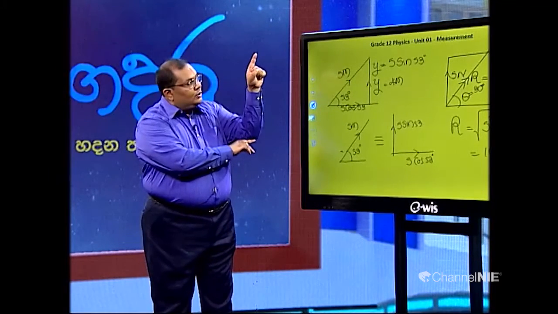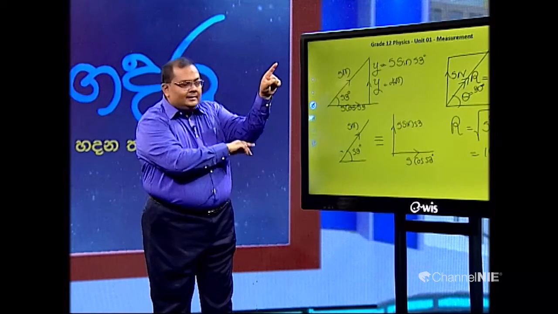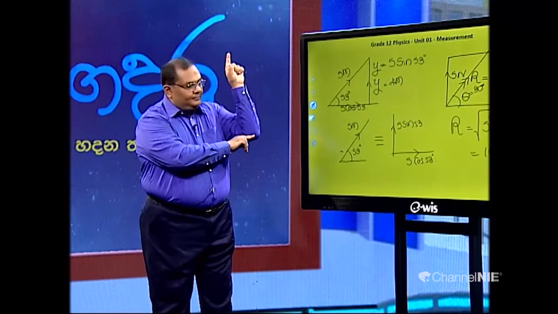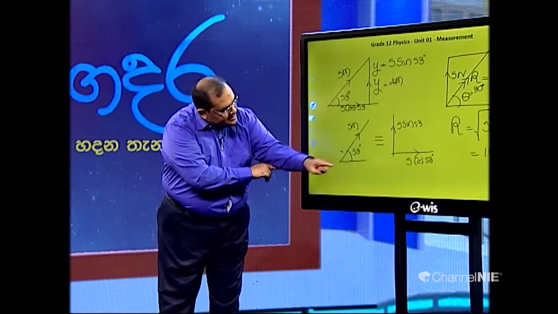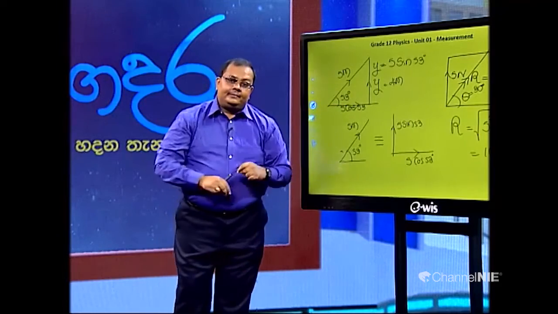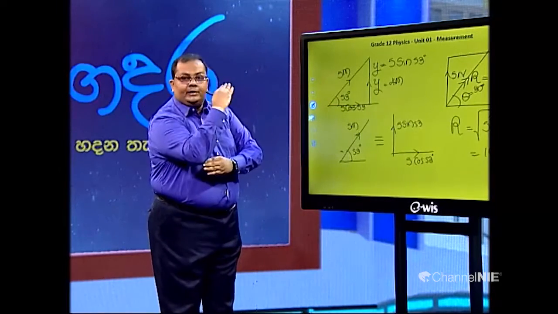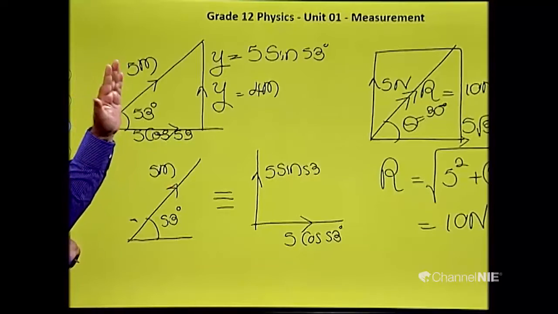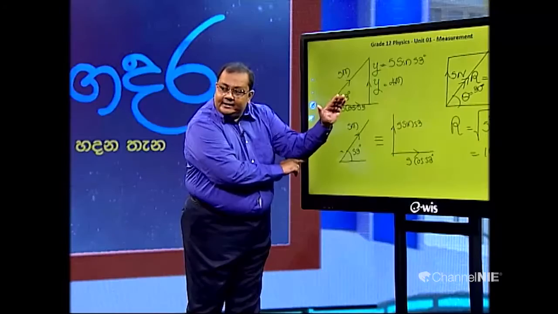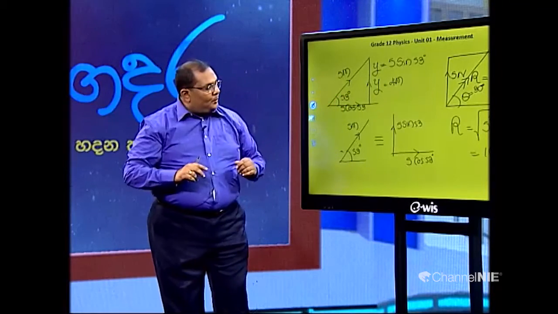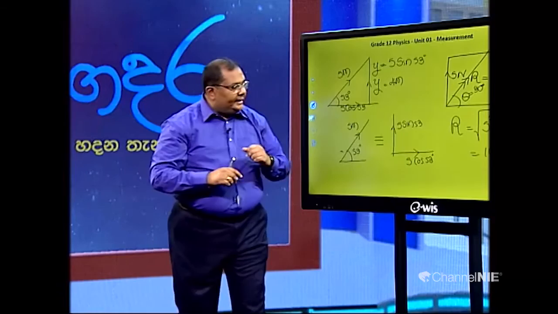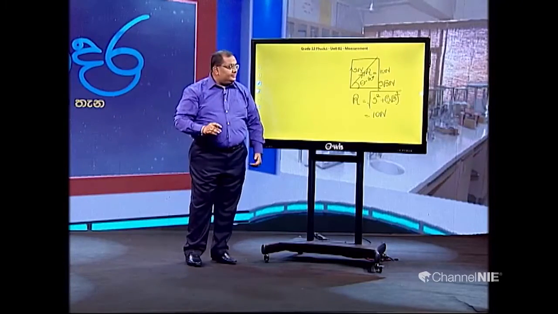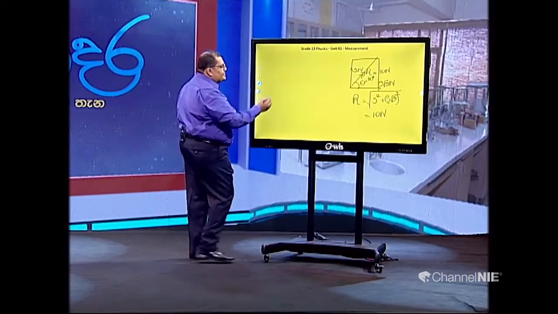If this angle is theta, in the direction of the angle cos, another one sine. Then about the initial point you can resolve that vector into two perpendicular directions. One of them is 5 cos 53, another one is 5 sin 53. Right. Now I am going to take another example. Now you are given 10 newtons to resolve.